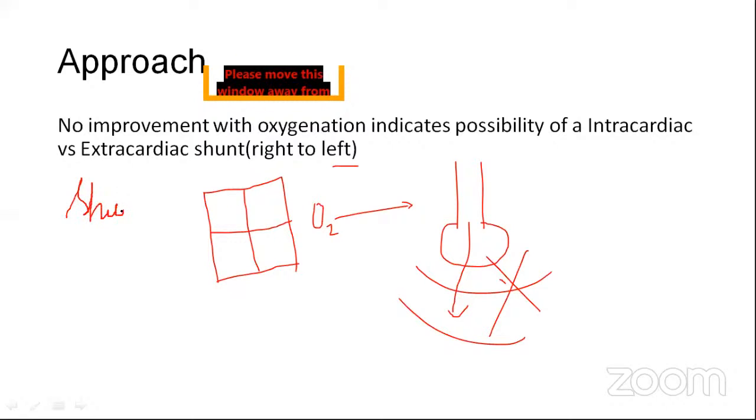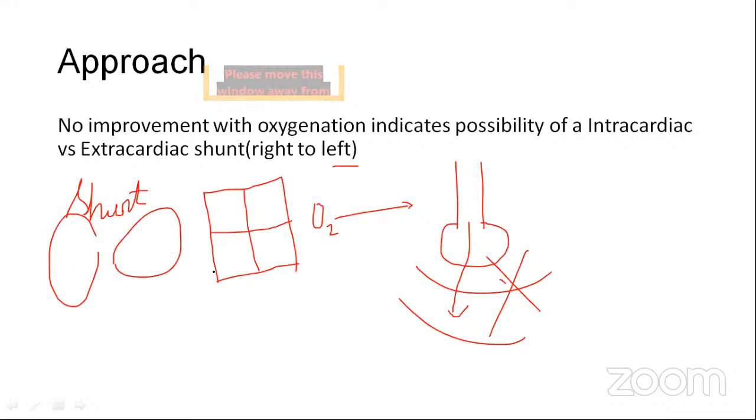Okay. So where can the shunt be present? This shunt can be at the level of the heart or outside the heart, that is in the lungs. In the heart, it should be a right to left shunt. The right to left shunt can be at multiple levels.